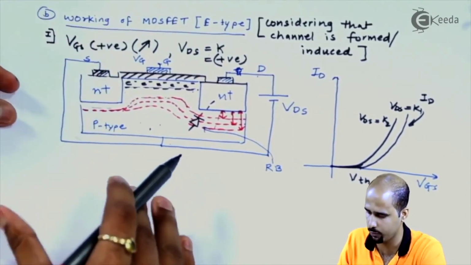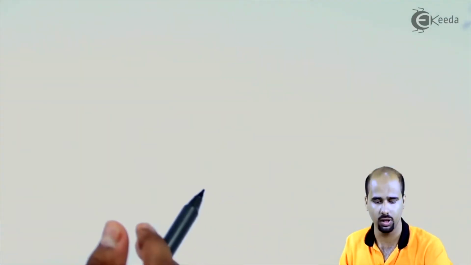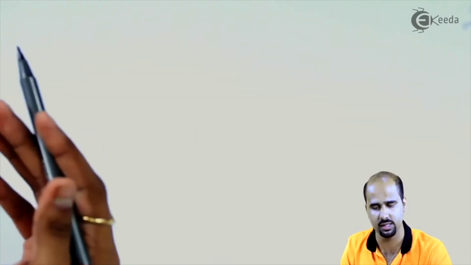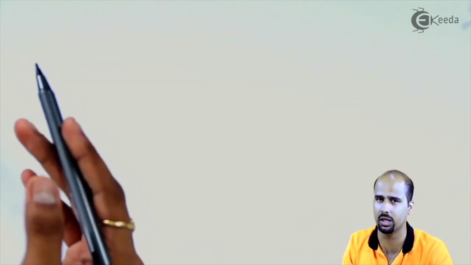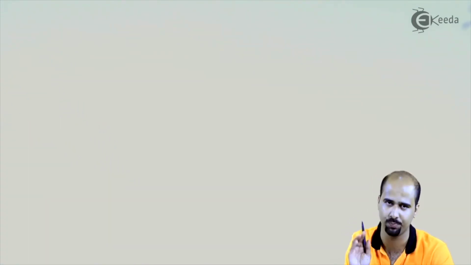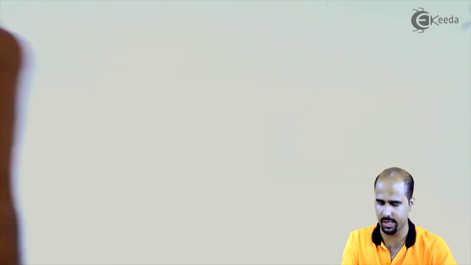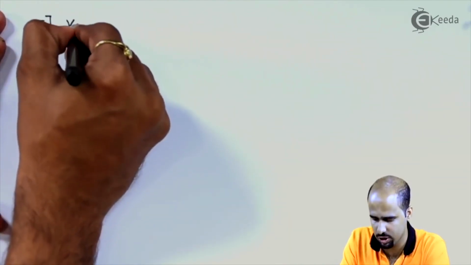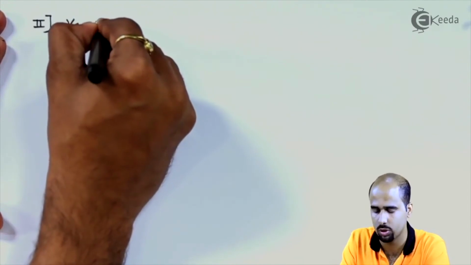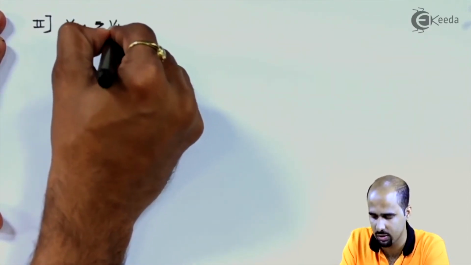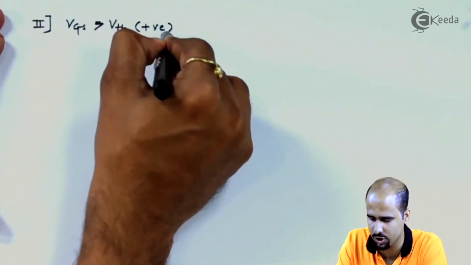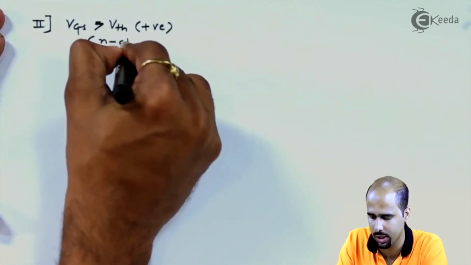Okay, we will move further to the second type of working, where we will keep VGS constant and vary the value of VDS, and let's study how the value of the current from drain to source changes. So let us study the second type of working, that is VGS greater than VTH, and obviously it should be positive for an N channel MOSFET.